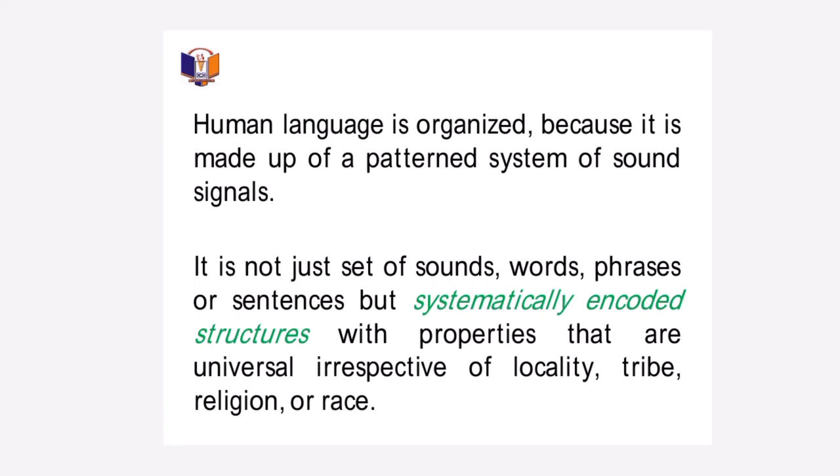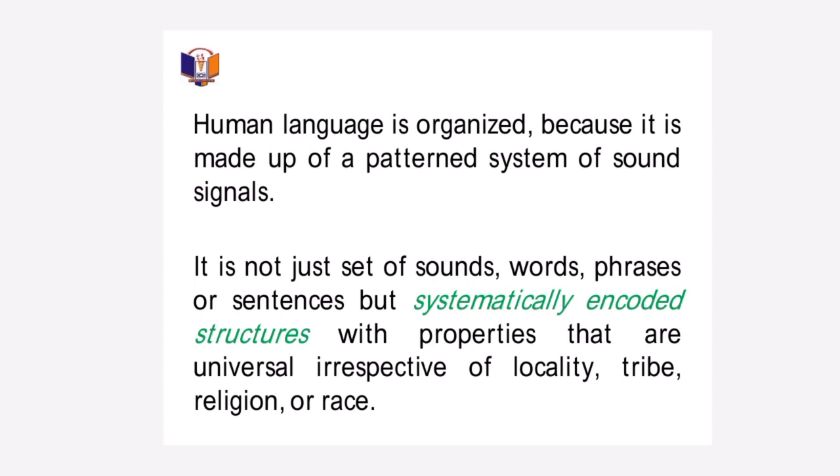So, human language on its own is organized because it is made up of a patterned system of sound signals. We say patterned, organized, patterned system. Patterned what? System of sound signals. It's not just any kind of sound.